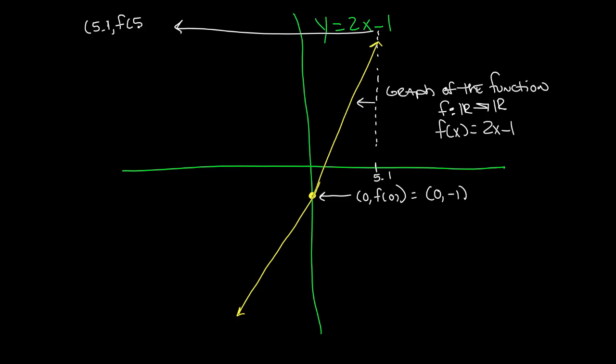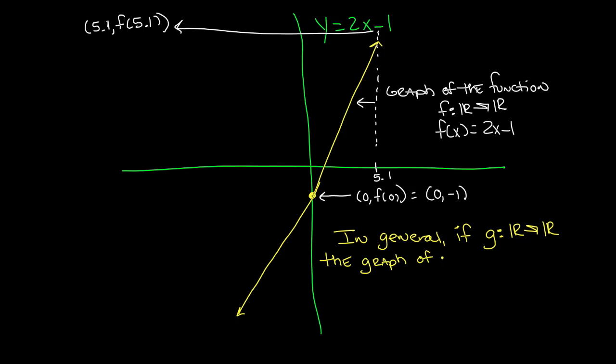Okay, so in general, let's say g is a function from R to R. The graph of g, a very important concept here, is a set of points in the plane. So let's give it a name.